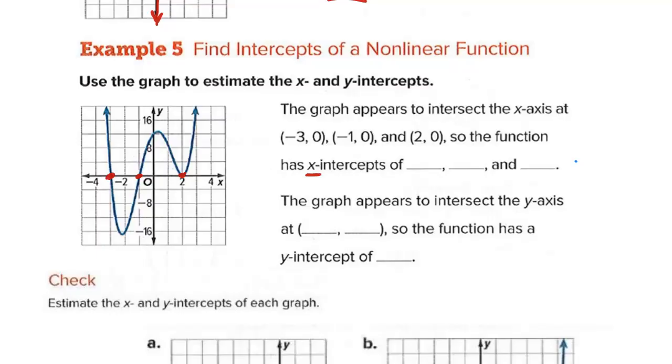What are the x-coordinates of each of those points? What's the first one? -3. Next. -1 and 2. X-intercept, the x-coordinate of the point on the x-axis.